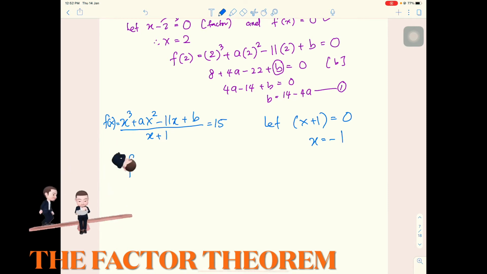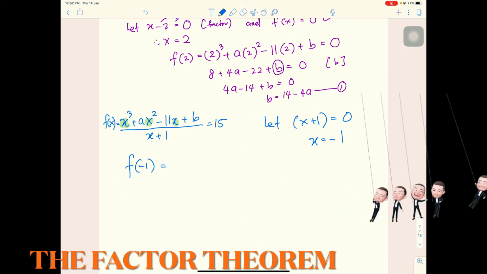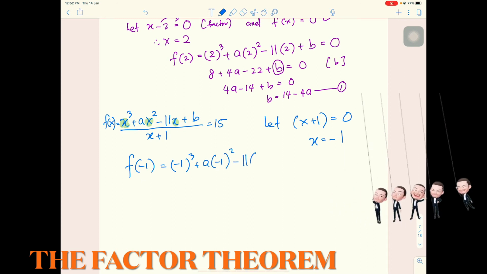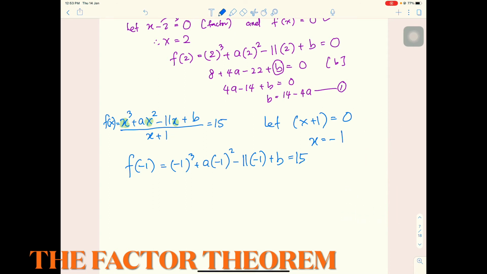And then f(negative 1), substitute into f(x). So we get negative 1 to the power of 3 plus a times negative 1 squared minus 11 times negative 1 plus b, equals 15 because of the remainder.